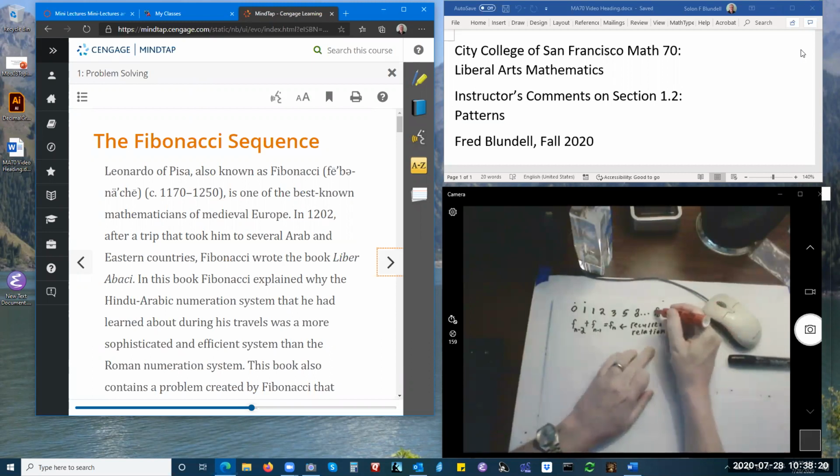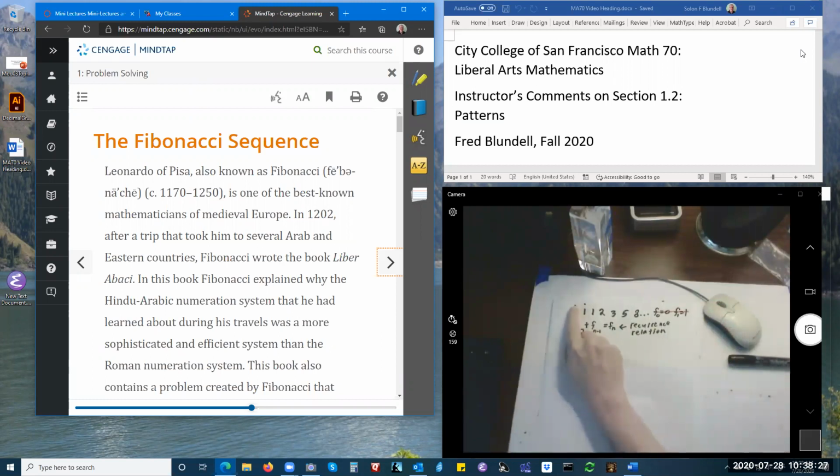I'm going to cross through this because I want you to kind of ignore the starting point. You could pick any two numbers to start with, and you'd create a sequence like the Fibonacci sequence, but different starting points, different numbers all the way through. Okay.